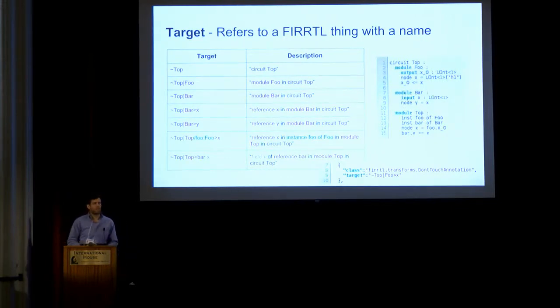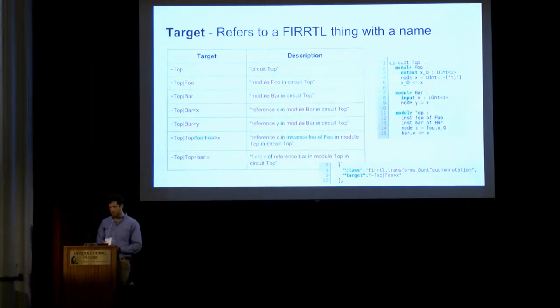So back to this target concept. This refers to a FIRRTL thing with a name. And here's just a table of lots of different things you could annotate. Okay? And it has its own sort of special syntax, but on the right is the description.